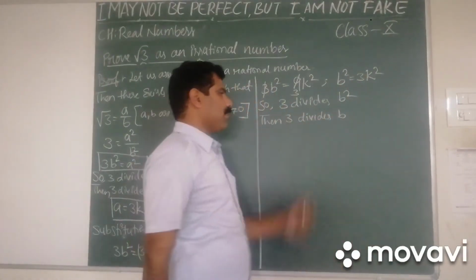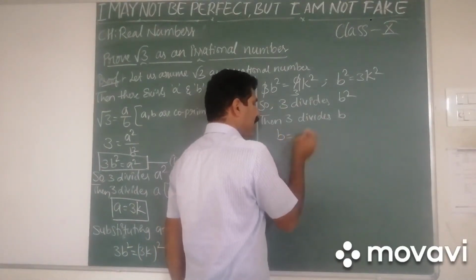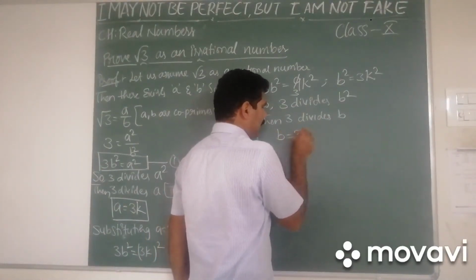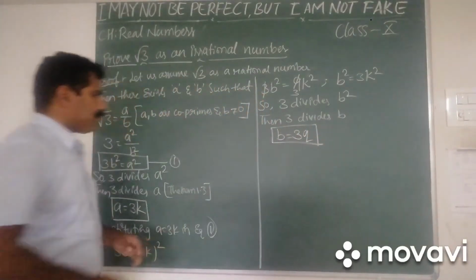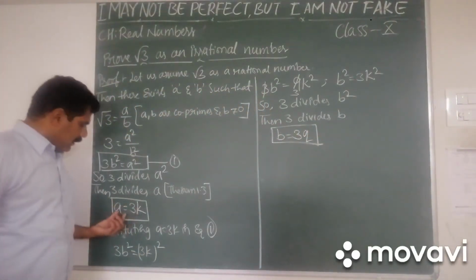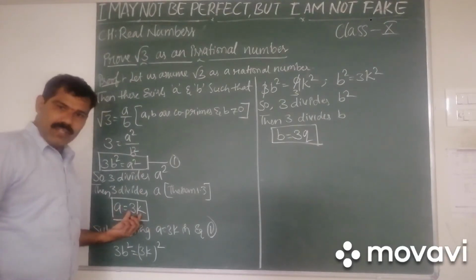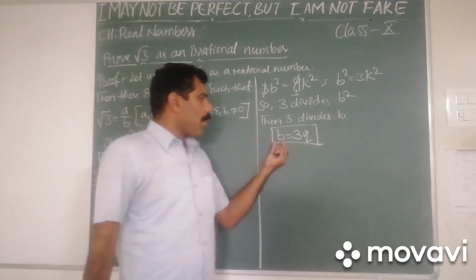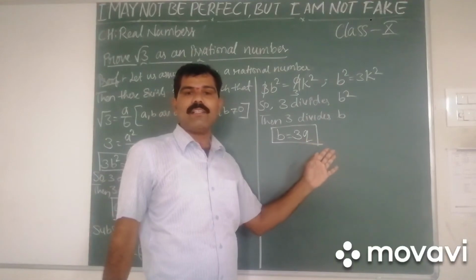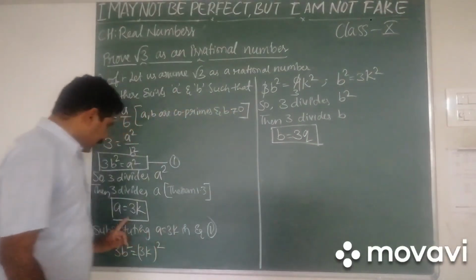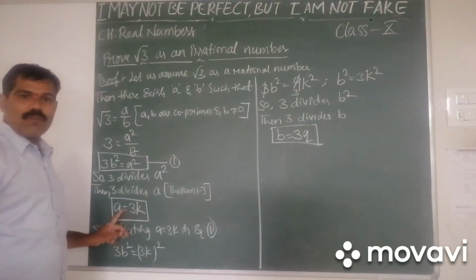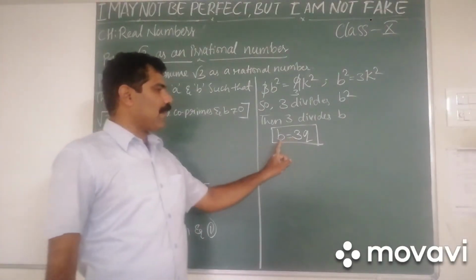If 3 divides b, it can be written in the form of 3q. Here a is written in the form of 3k, and b is written in the form of 3 into some value, that is 3q. Now 3 is a factor for a, and 3 is a factor for b.